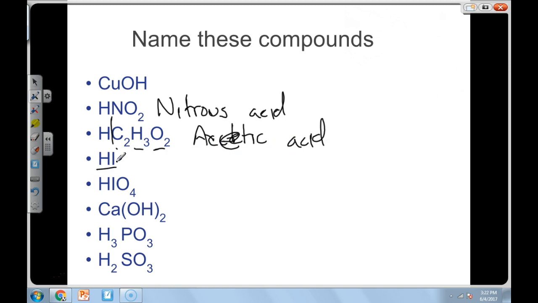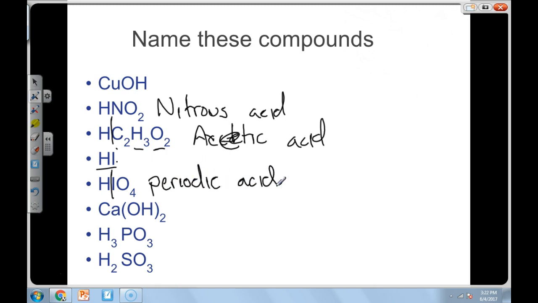Okay, HI is another one that we did. This is a binary acid, so we use hydro-, and so this is hydroiodic acid. Another one we did, I'm using the same examples over and over, is the periodate ion. Drop the -ate, add -ic, so it's periodic acid.